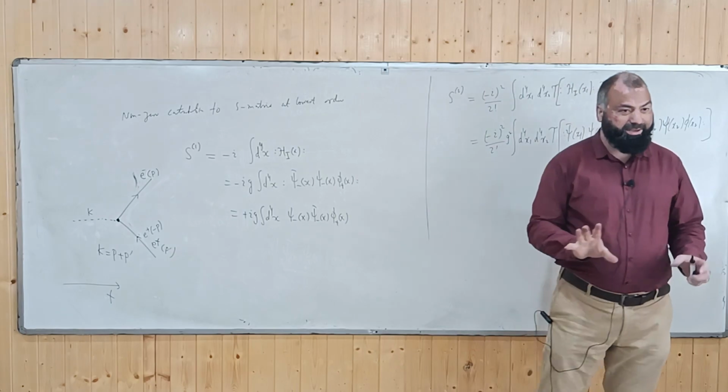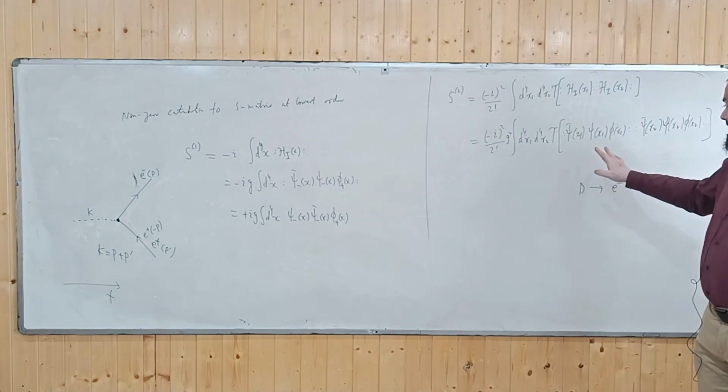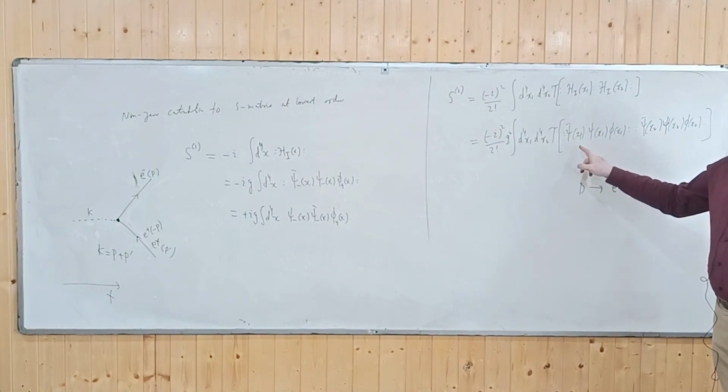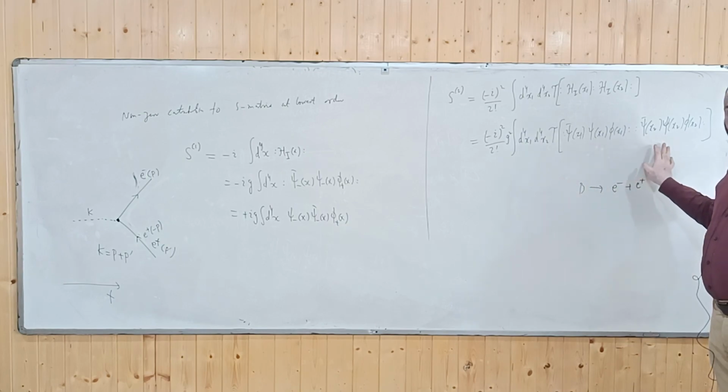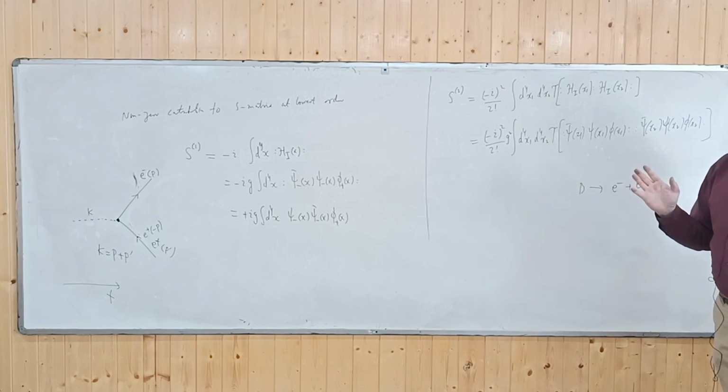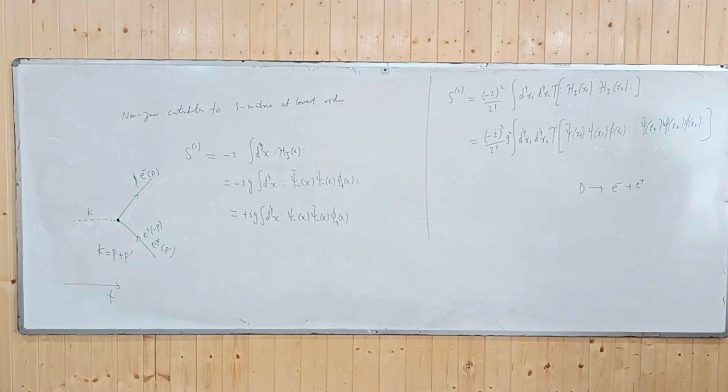Clear? So how many fields are in this very order? 6 fields. 3 fields are defined at point 1 and 3 fields at point 2. Out of these 6 fields, how many do I require? 3 fields to describe the process. How many are remaining? 3.